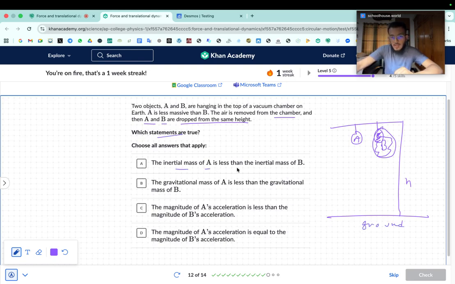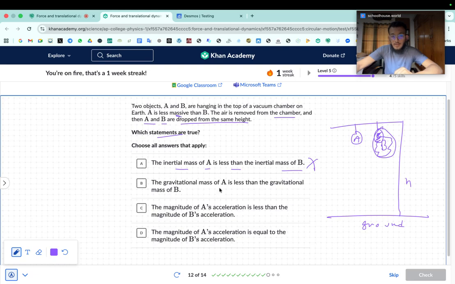The inertial mass of A is less than the inertial mass of B. This is not true; the mass is different, but inertial mass would not change. But here they have mentioned A is less massive.